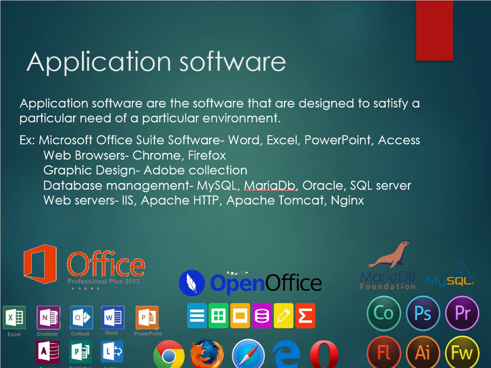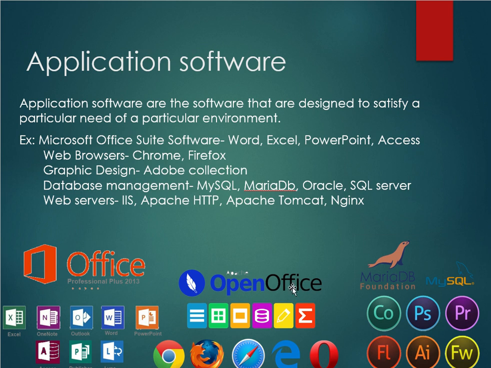And in supermarkets or any other institutions, you can see they have another set of software. They are called custom based or tailor made software. Now I have general purpose software, the Microsoft Office Suite: Word, Excel, PowerPoint, Access.